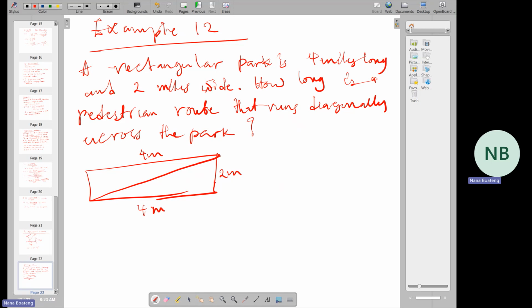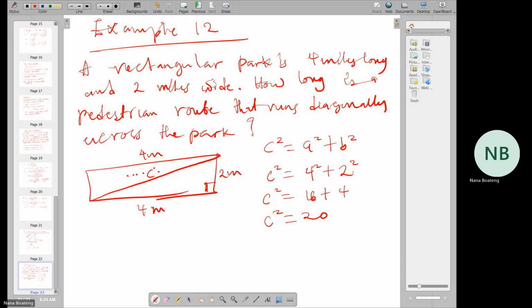So with this, we can see that we can use the Pythagorean theorem to solve this. Let's say this side we don't know, so let's represent it by c. By the Pythagorean theorem, we know that c squared is equal to a squared plus b squared. So c squared is equal to a, which is 4, squared, plus our b, which is 2, squared. So our c squared is equal to 16 plus 4, which is 20.